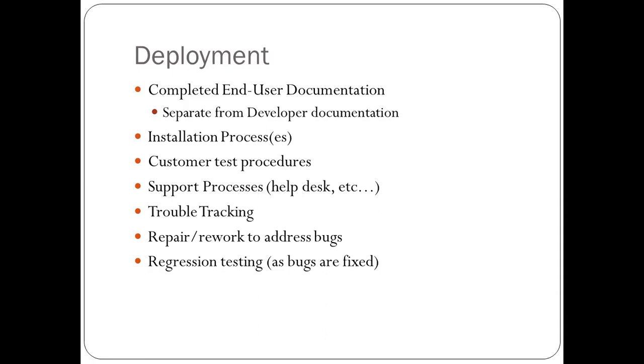Customer test procedures. So there are a number of test procedures for the customer also. Support processes, help desk, etc. Each and every software contains such types of support processes inside the software, whether it is system software or application software.